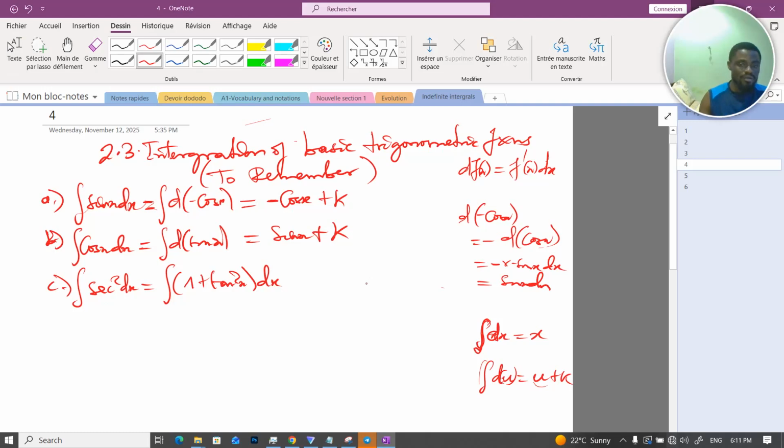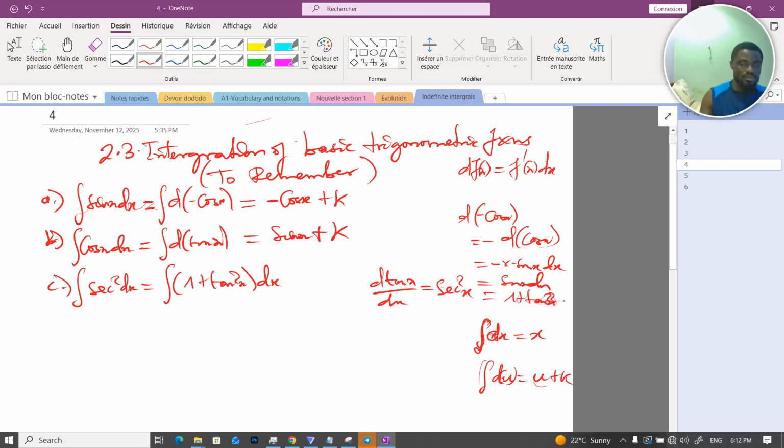If you remember from your lectures of differentiation, when I differentiate tan x, the derivative of tan x with respect to x, I have what? Sec square x, or sec square x is the same thing as 1 plus tan square x.